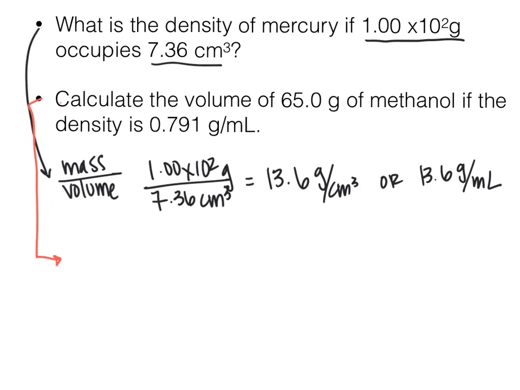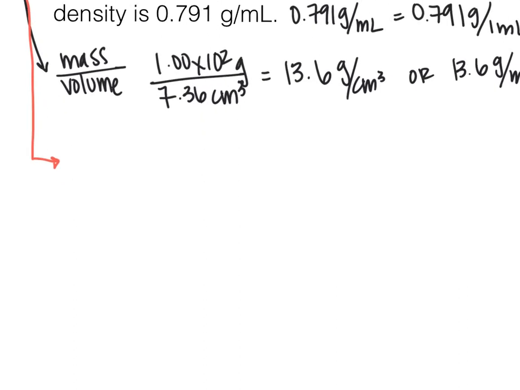So if density is 0.791 grams per mil, that tells us that there are 0.791 grams in 1 milliliter. So we're going to use this similarly to allow us to convert different things.